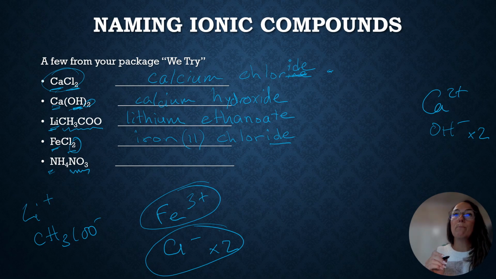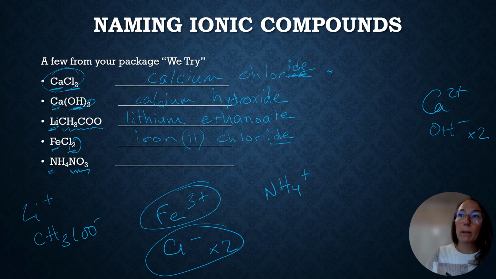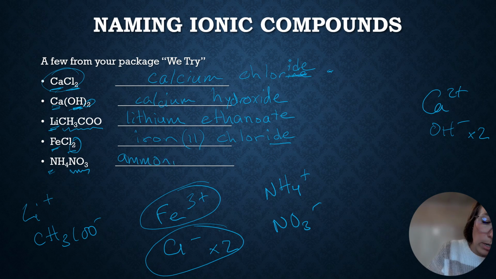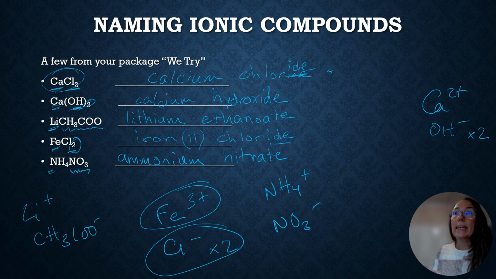So because they're both on the table of polyatomic ions, then what we have here is the cation, NH4+, and the anion, NO3-, making this ionic. So how do I name that cation? It's called ammonium. And how do I name that anion? It's called nitrate. And so the name of that ionic compound is ammonium nitrate.